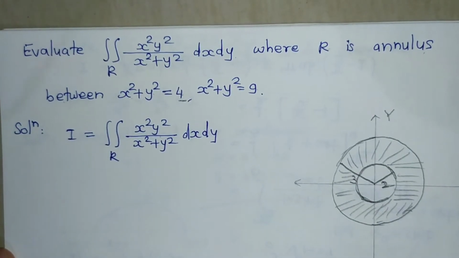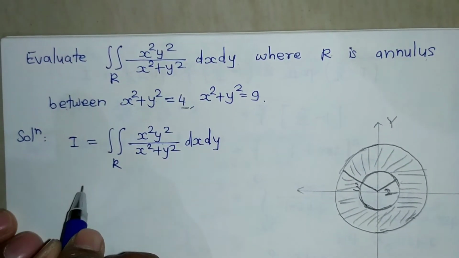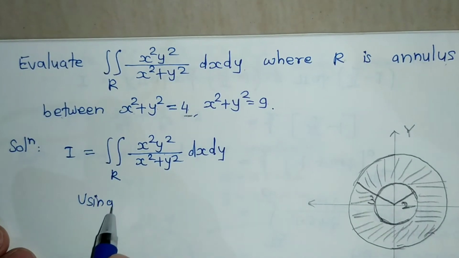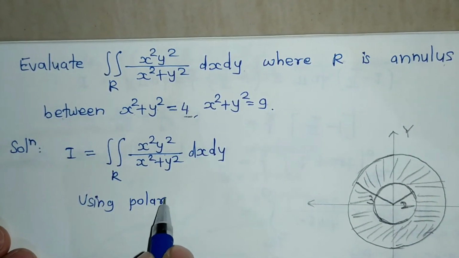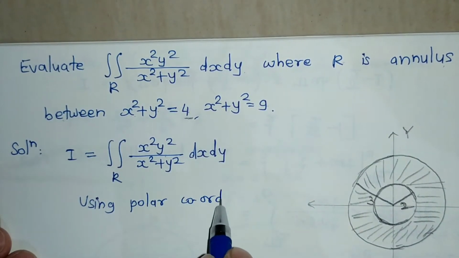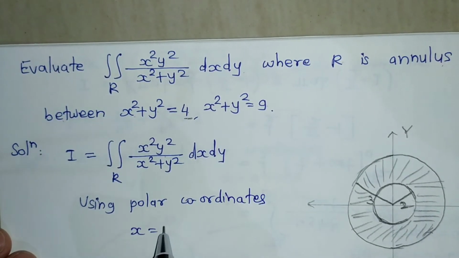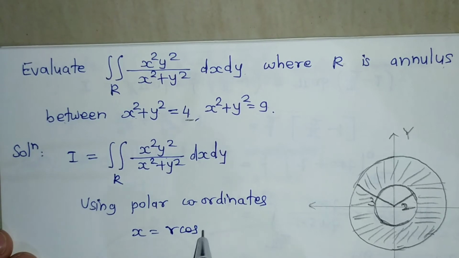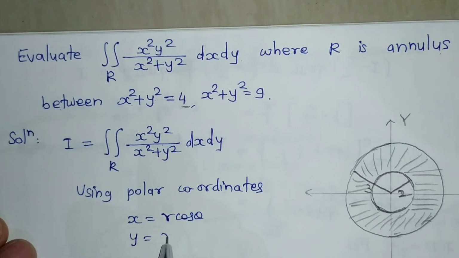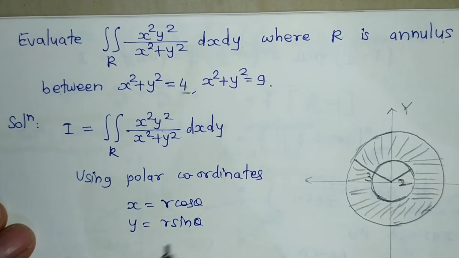Now using polar transformations, x is equal to r cos theta and y is equal to r sin theta.